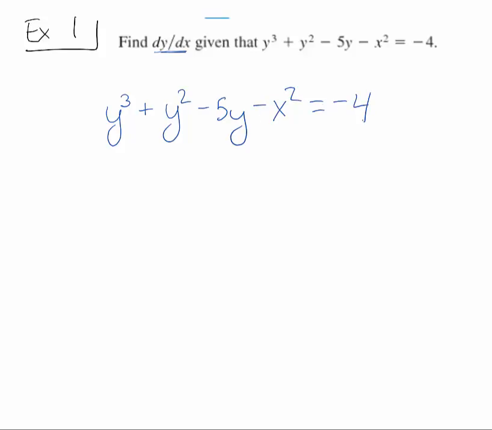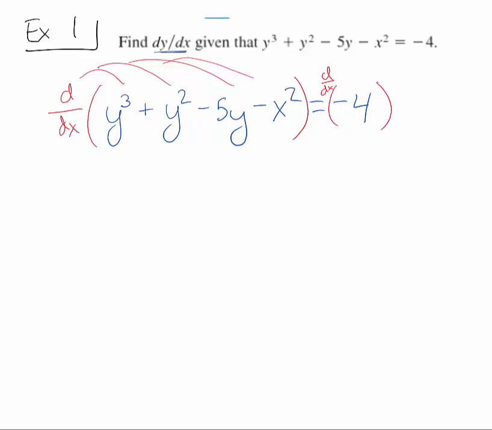When we're doing the derivative, it's kind of like any operation in math. You add to both sides, you could add x squared to both sides, or multiply a number to both sides, or divide a number to both sides. It's kind of the same thing. So what you're going to do is take the derivative with respect to x of both sides, and this just goes to each term.